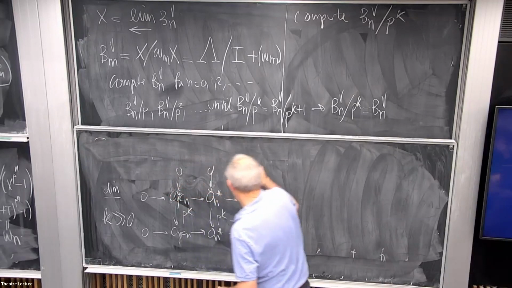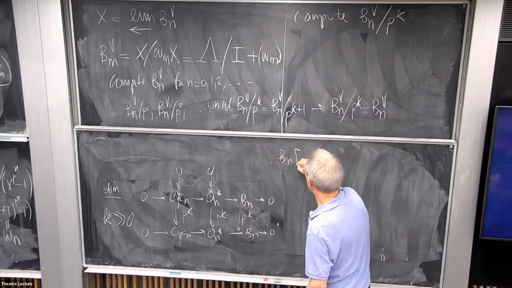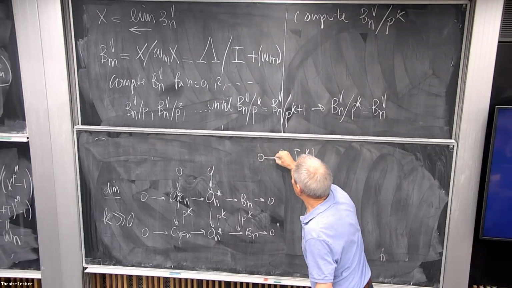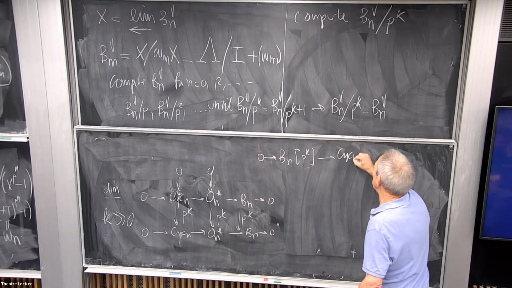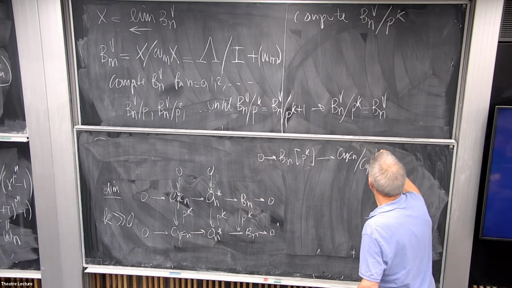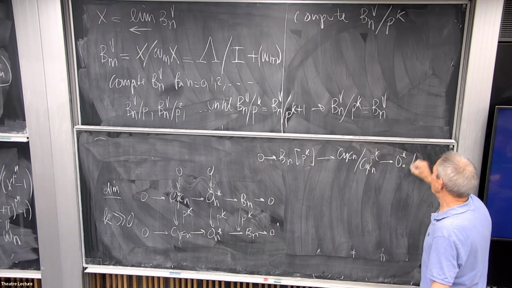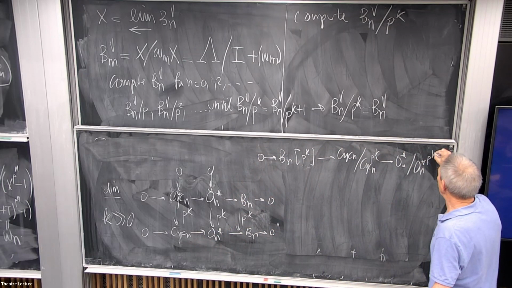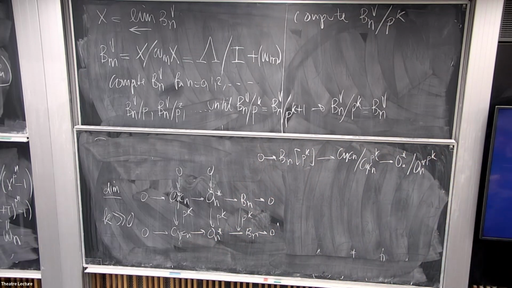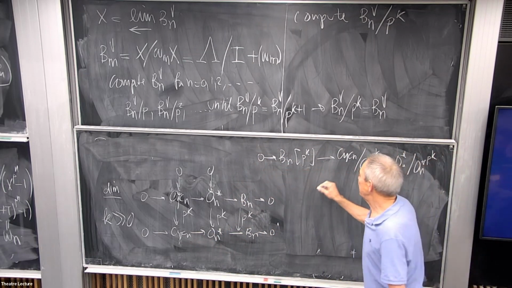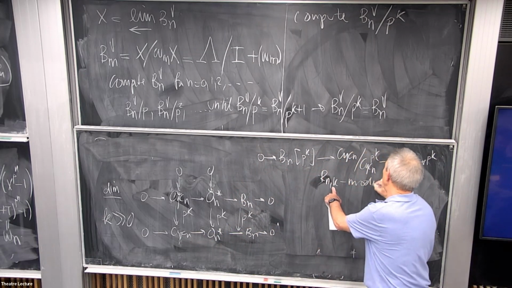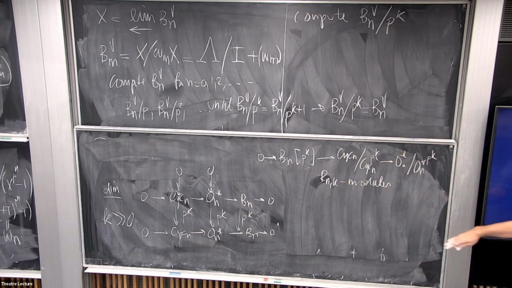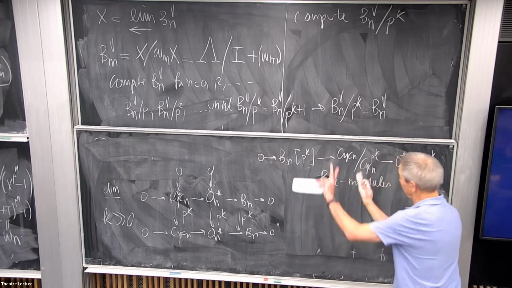So this is still injective. So we get Bn, p to the k torsion, goes in the cyclotomic units modulo p to the k powers, goes in the units modulo p powers. And now it dualizes, because these are all killed by p to the k. So these are Rn,k modules. It's a finite Gorenstein ring. So I take the duals, this is exact, they are finite groups, and I go the other way around.